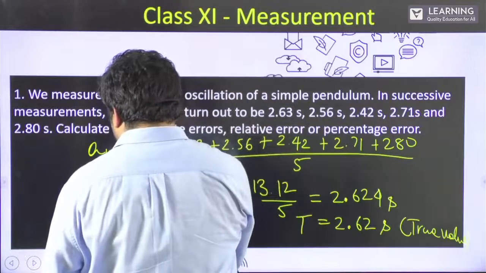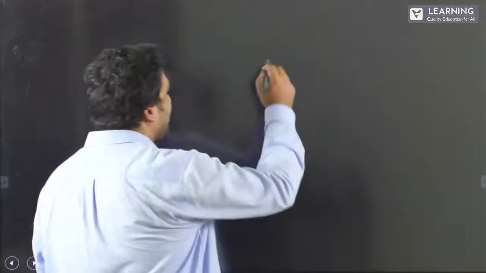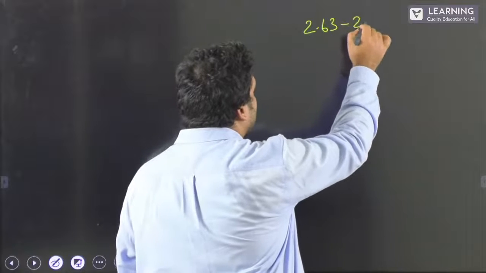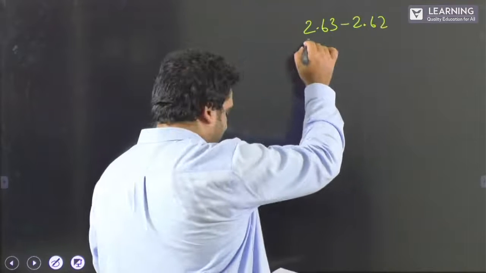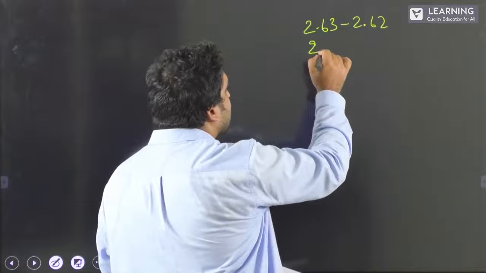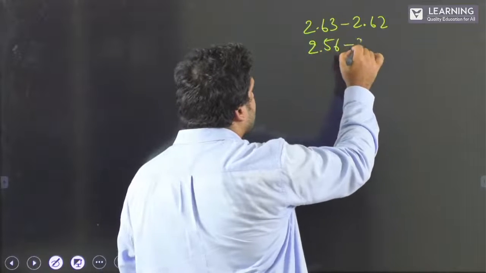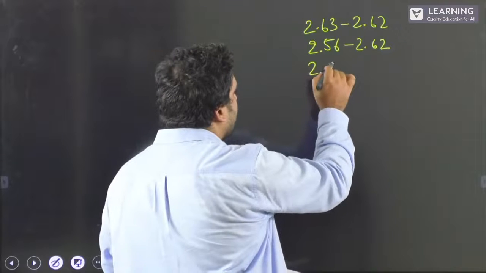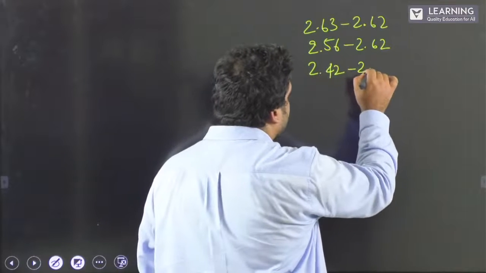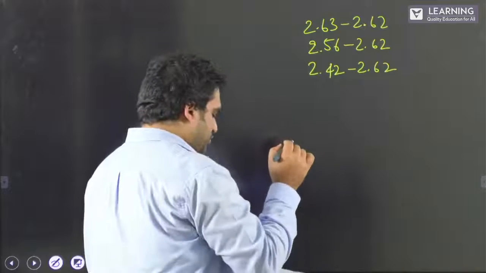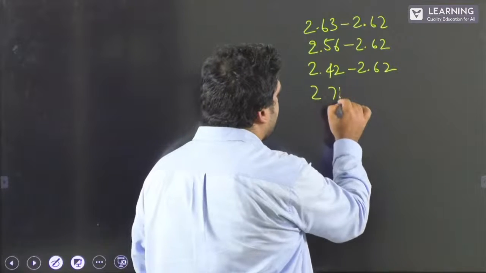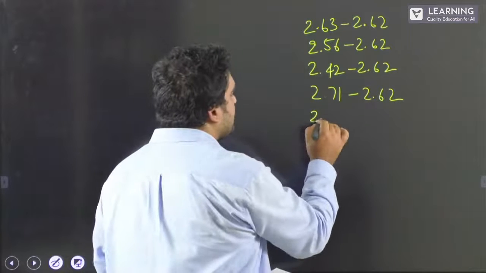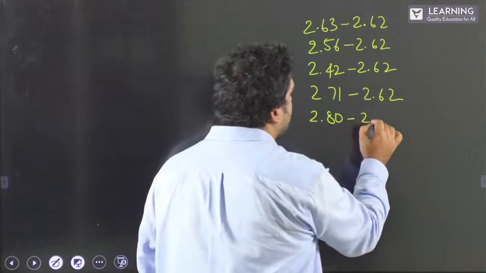Let's make note of that one more time. 2.63 minus 2.62, 2.56 minus 2.62, 2.42 minus 2.62, 2.71 minus 2.62, and 2.80 minus 2.62.